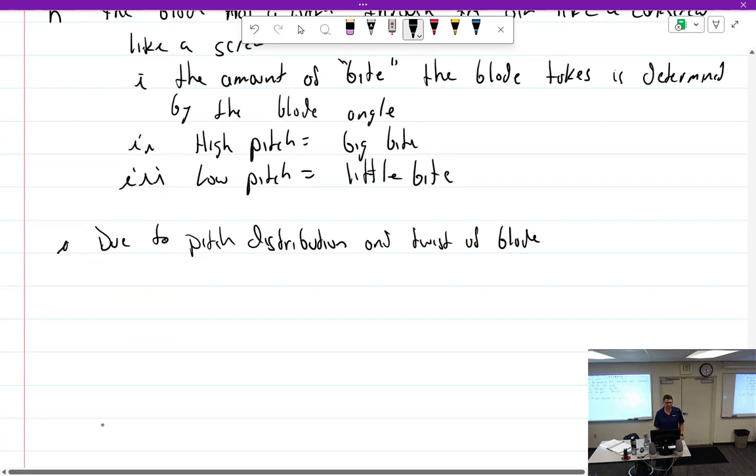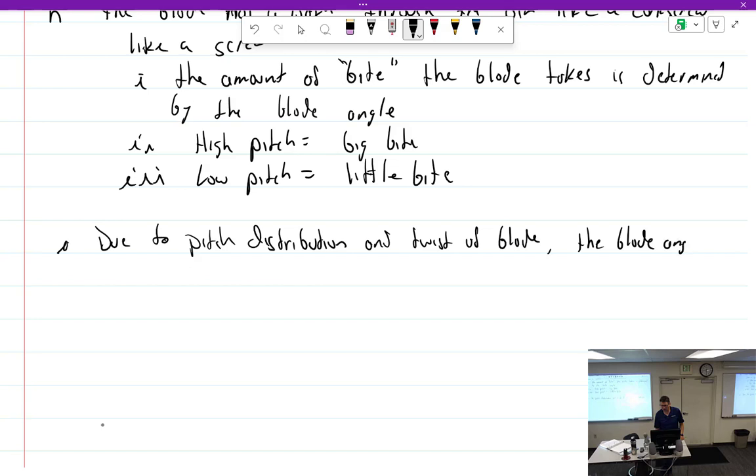The only time it would not be is if they're really close to each other. Twist of blade: the blade angle at one station is usually different from the blade angle at another station.